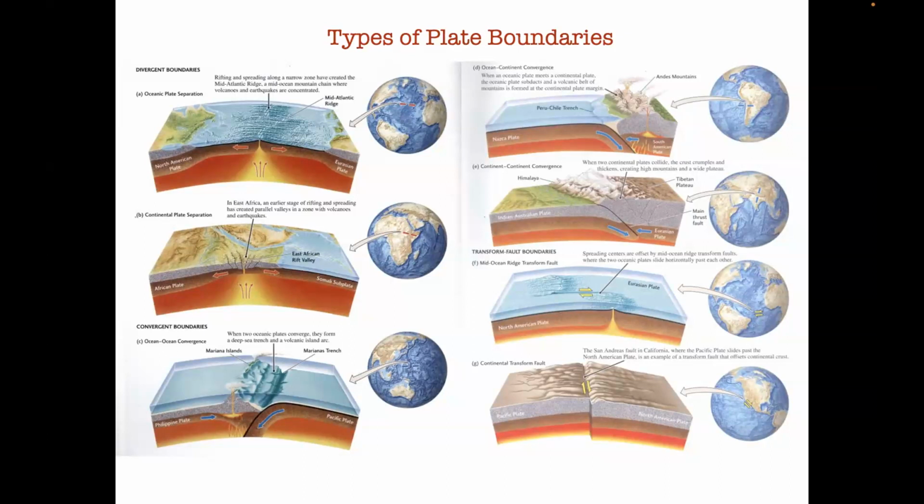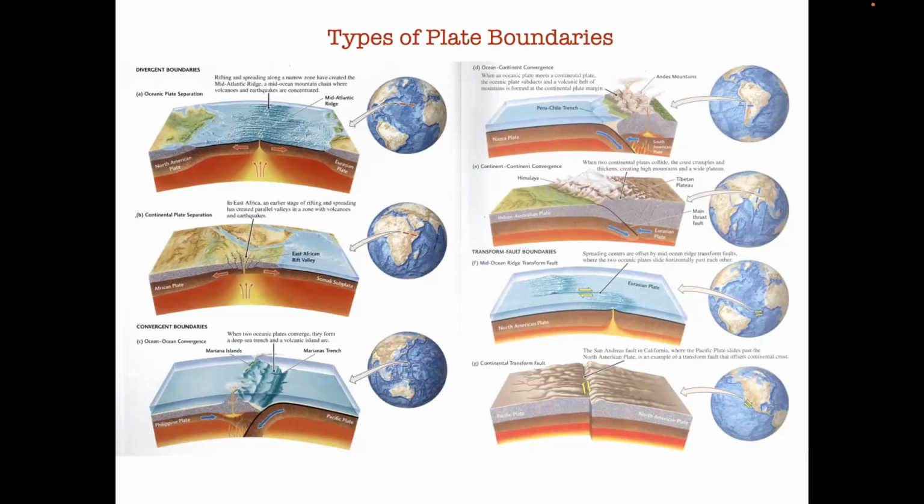So we have three different plate boundaries for a lithosphere: your divergent plate boundaries, your convergent plate boundaries, and your transform fault boundaries. In divergent plate boundaries, you have the lithospheres of two oceans which are diverging. When two ocean lithospheres diverge, for example here in figure A, it is the North American plate and the Eurasian plate along the mid-Atlantic ridge.